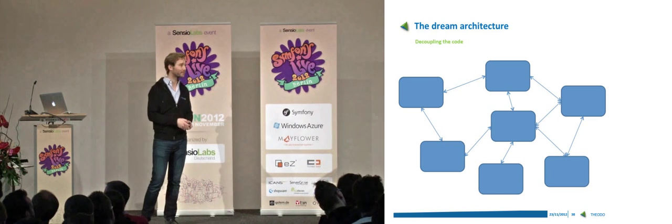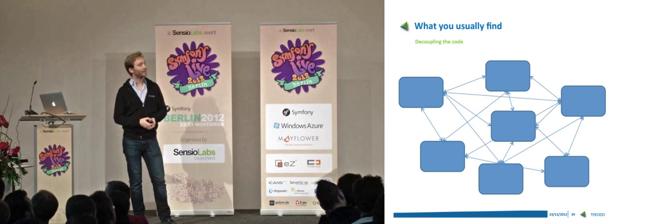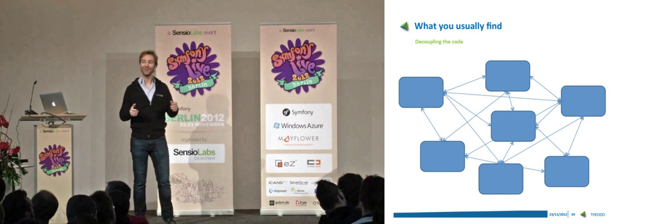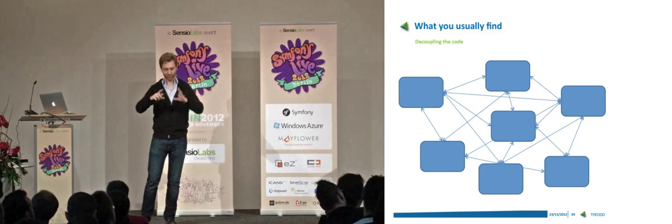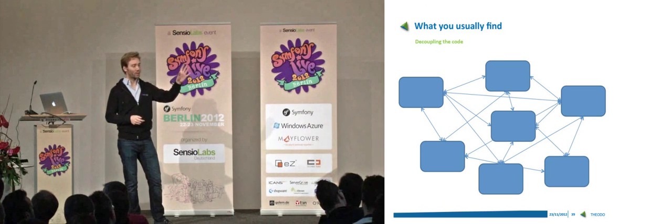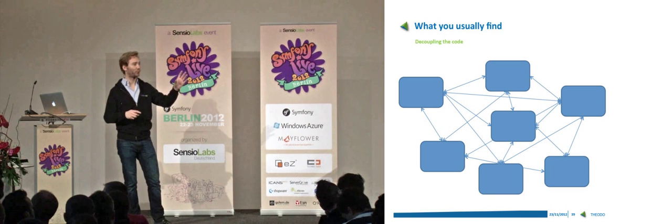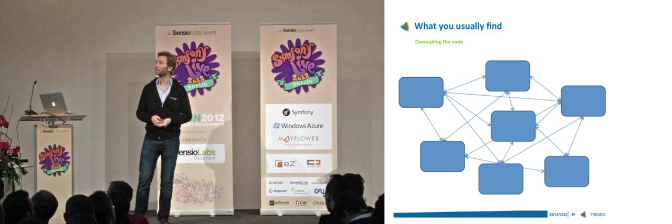And unfortunately, what you usually find looks more like a complete graph, when you are good enough to actually identify the graph, because usually it looks more from the outside like a big ball. So what do you do when you somehow manage to find different modules, but you see how much coupling they have between each other?